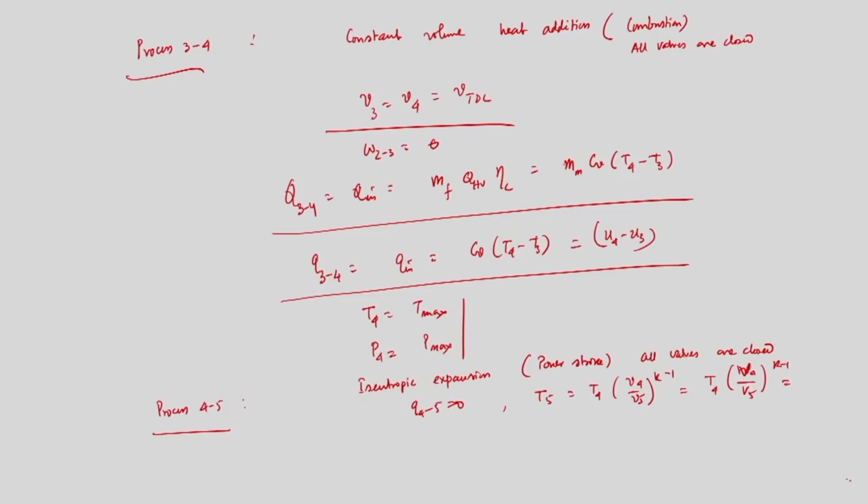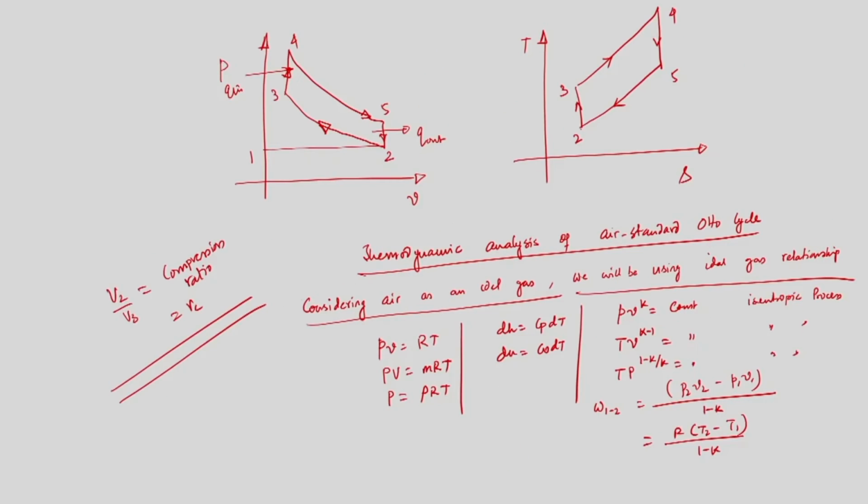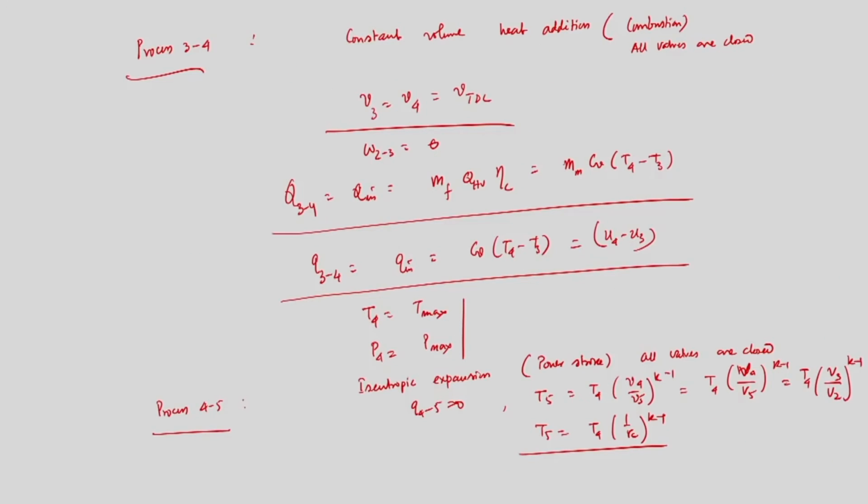So I can write T5 equal to T4 times (V3 by V2) to the power k minus 1. So T5 is equal to T4 times (1 by RC) to the power k minus 1, because V2 by V3 is equal to RC. Now this is the temperature at the end of the expansion stroke, the power stroke.